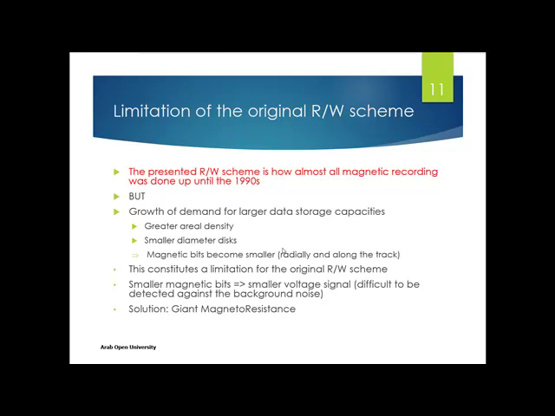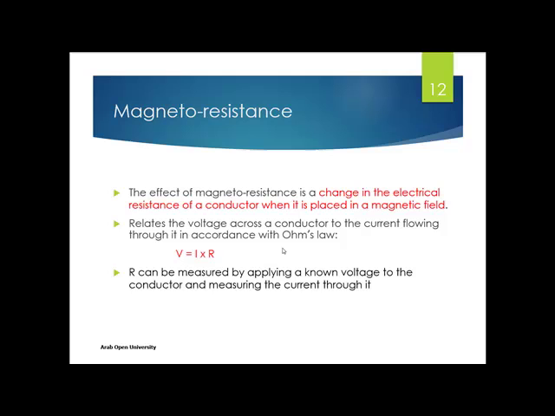In order to understand the giant magnetoresistance, let's start with understanding what magnetoresistance is. Magnetoresistance is the effect of a change in the electrical resistance of a conductor when it is placed in a magnetic field. So if we have a magnetized conductor, the resistance will be different than a demagnetized conductor.